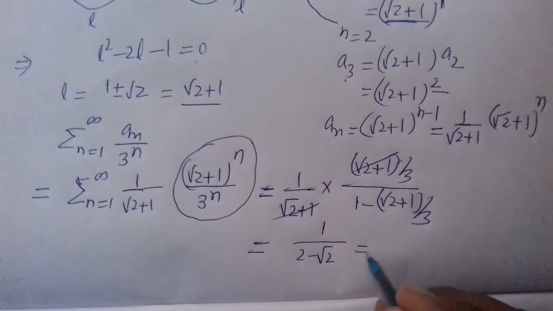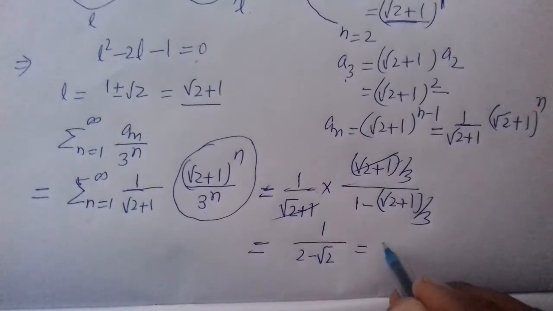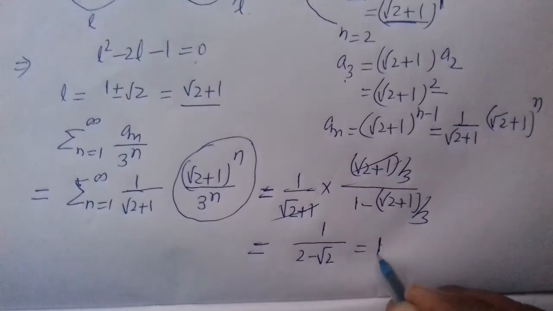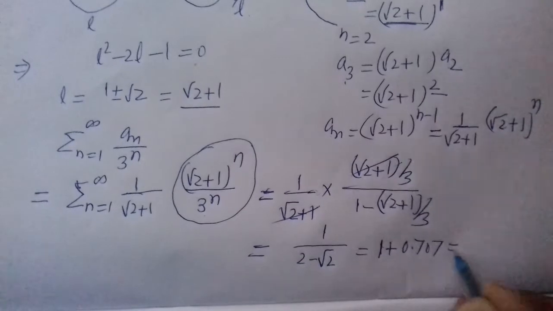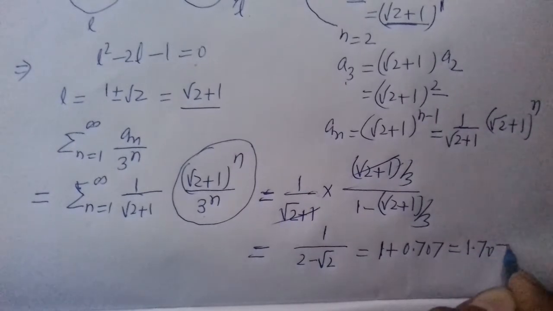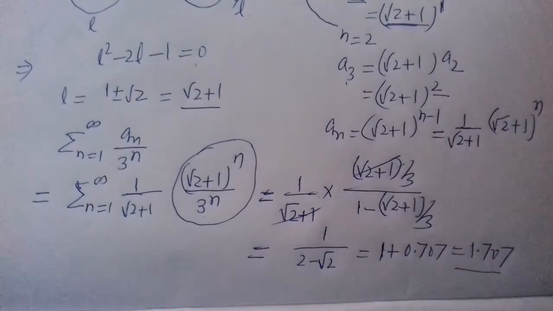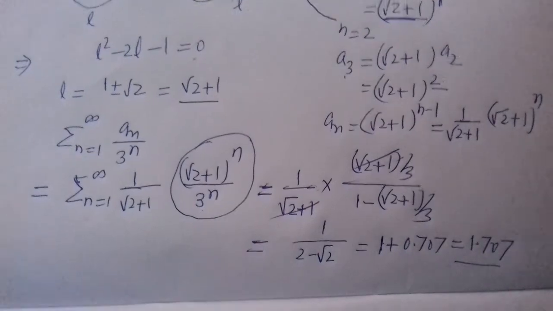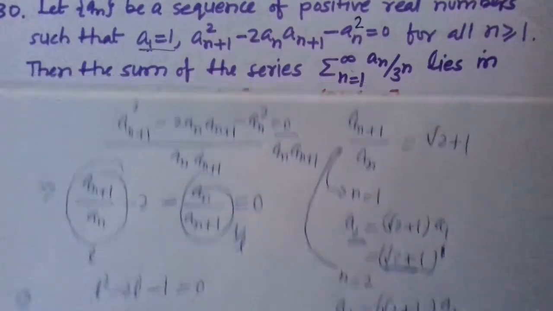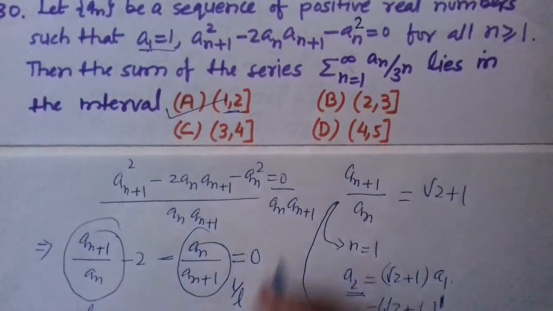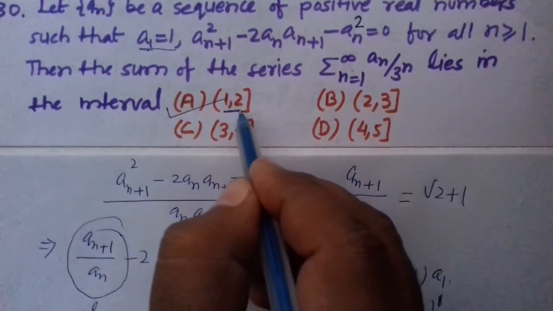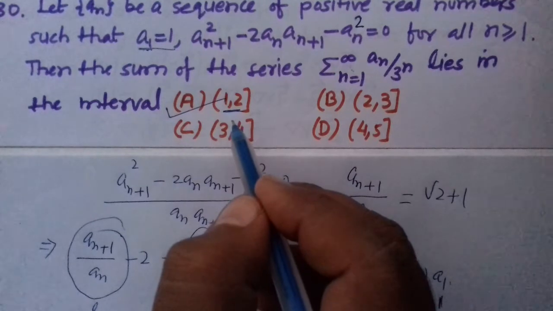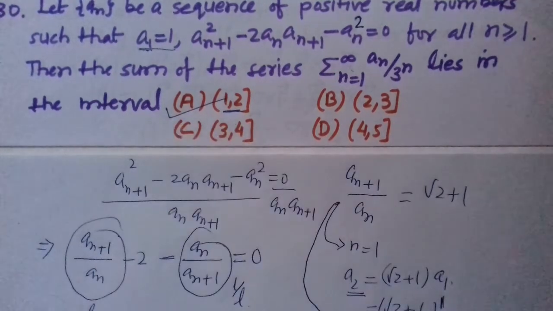Further, this can be simplified as 1 plus 0.707, which will be 1.707. So we got 1.7 approximately. And if you see this 1.7, then in all the options this is the interval in which 1.7 lies. So A is our correct option.